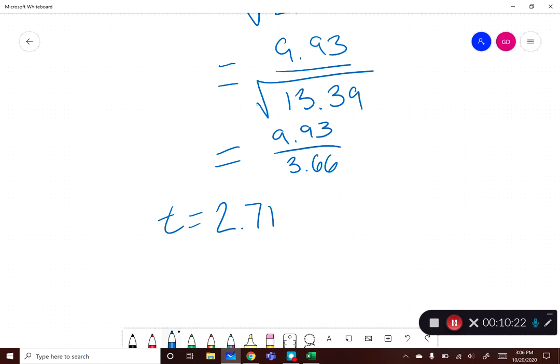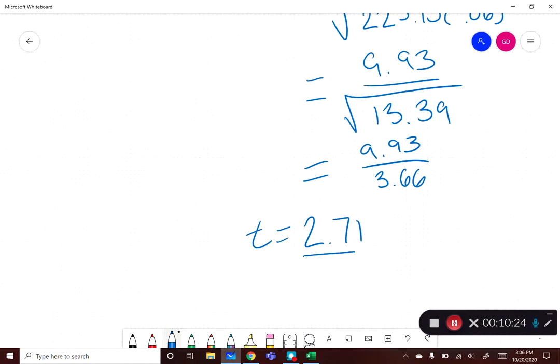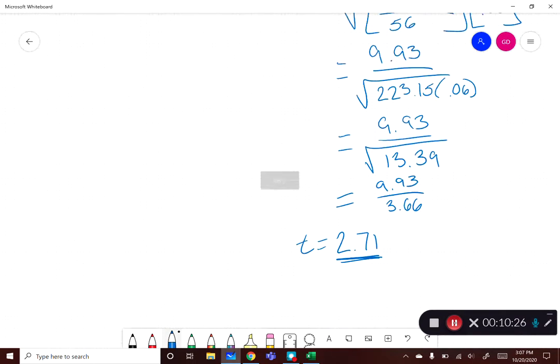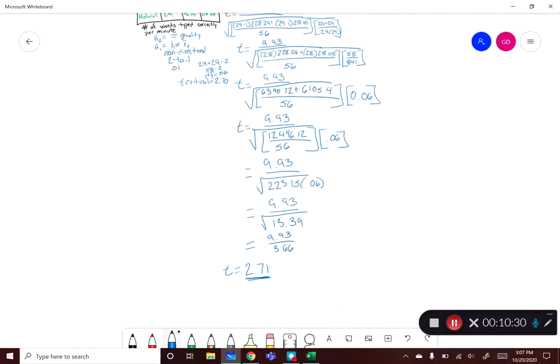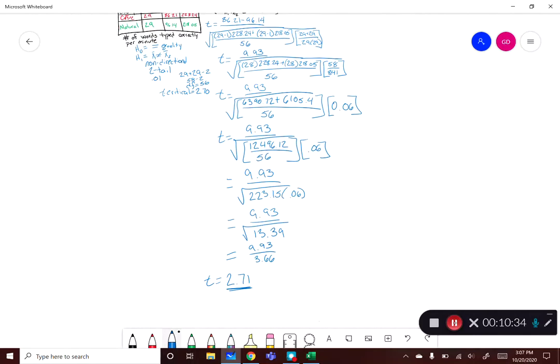So here our obtained value of 2.71 is slightly larger than our t critical value. So here we can reject the null hypothesis of equality and say that there is a significant difference in the mean number of words typed correctly per minute between coffee drinkers and natural non-coffee drinkers.